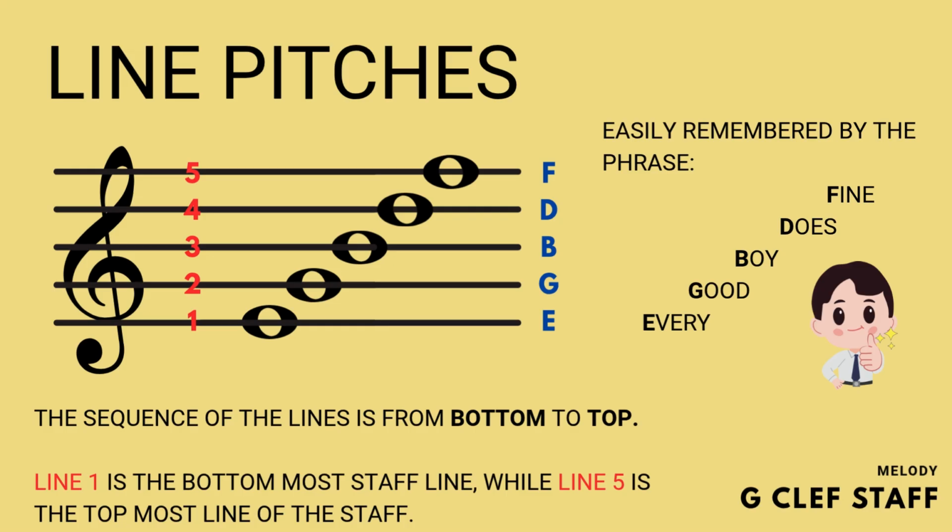These are the letters E, G, B, D, and F, and easily remembered by the phrase E for every, G for good, B for boy, D for does, F for fine. Every good boy does fine. These are the 5 line pitches of the G clef staff.